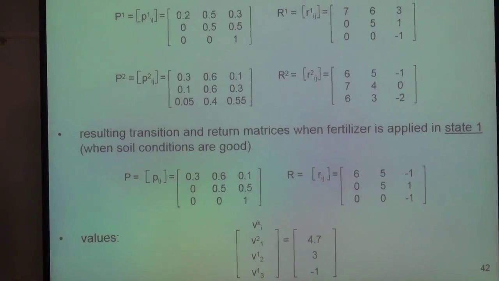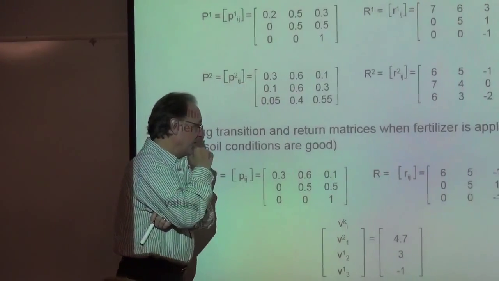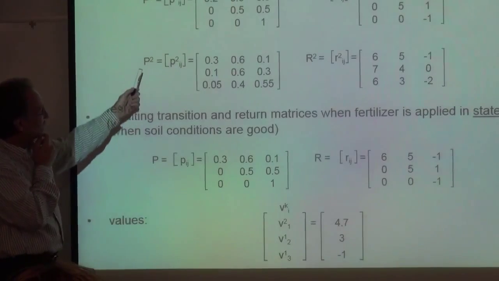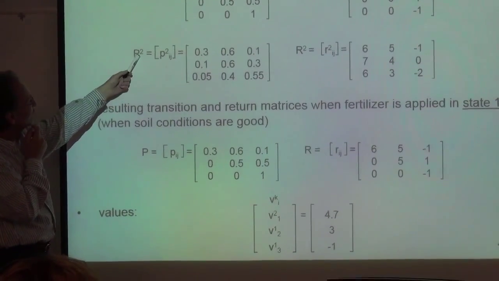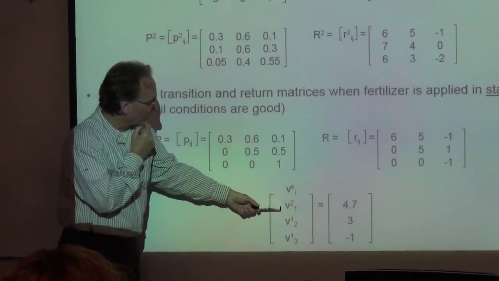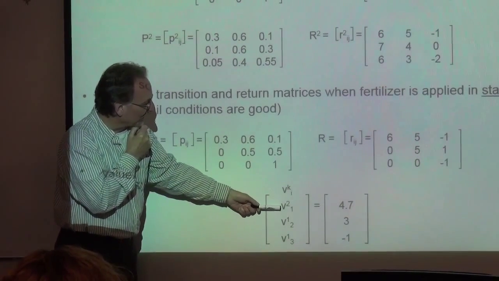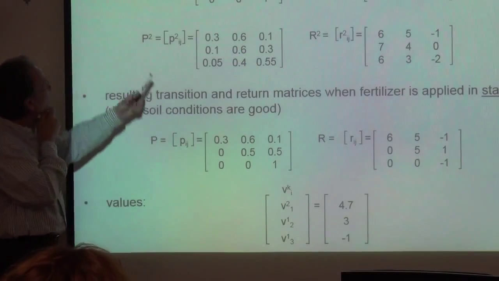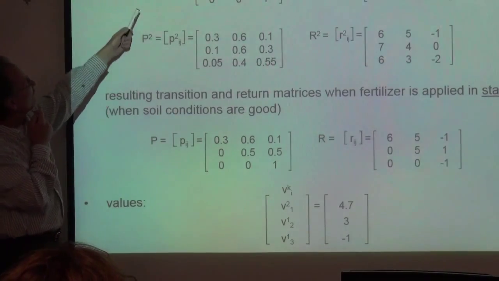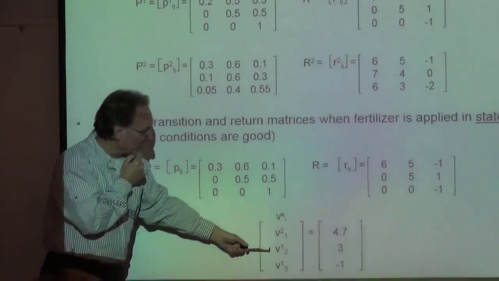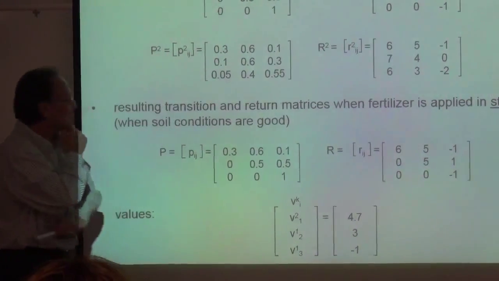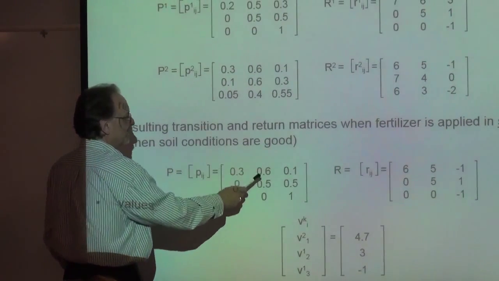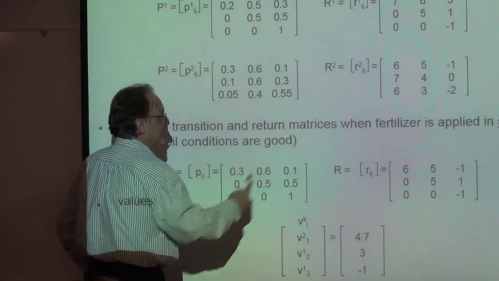There's a value associated with each policy. This is the value with policy, with the probability of return matrix 2, superscript 2, for state 1, and the return matrices for 1 associated with state 2 and 1 associated with state 3. The way we get these values is to just take 0.3 times 6, 0.6 times 5, and 0.1 times negative 1.